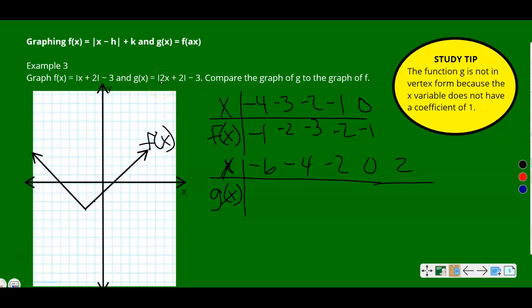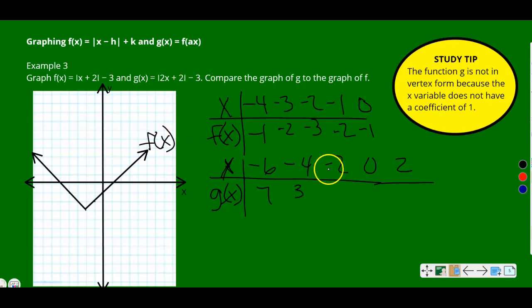Negative 6 times 2 is negative 12. Negative 12 plus 2 is negative 10. Absolute value of negative 10 is 10. 10 minus 3 is 7. Take negative 4, plug it in. I get negative 8. Negative 8 plus 2 is negative 6. Absolute value of that is 6. 6 minus 3 is 3.